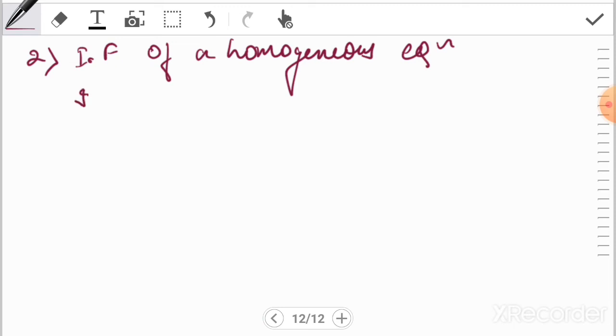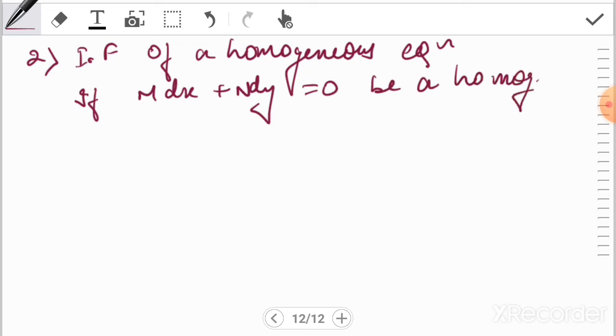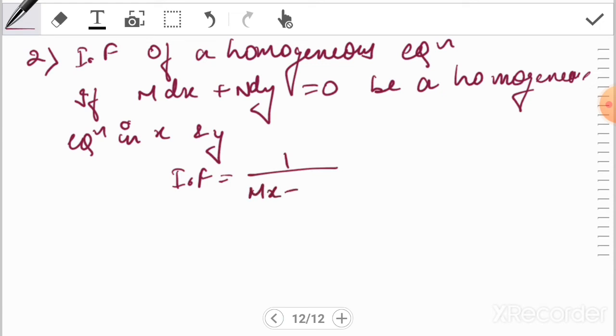If M dx plus N dy is equal to 0 be a homogeneous equation in x and y, then the integrating factor is 1 by (Mx plus Ny). Right? Let us understand this with an example.